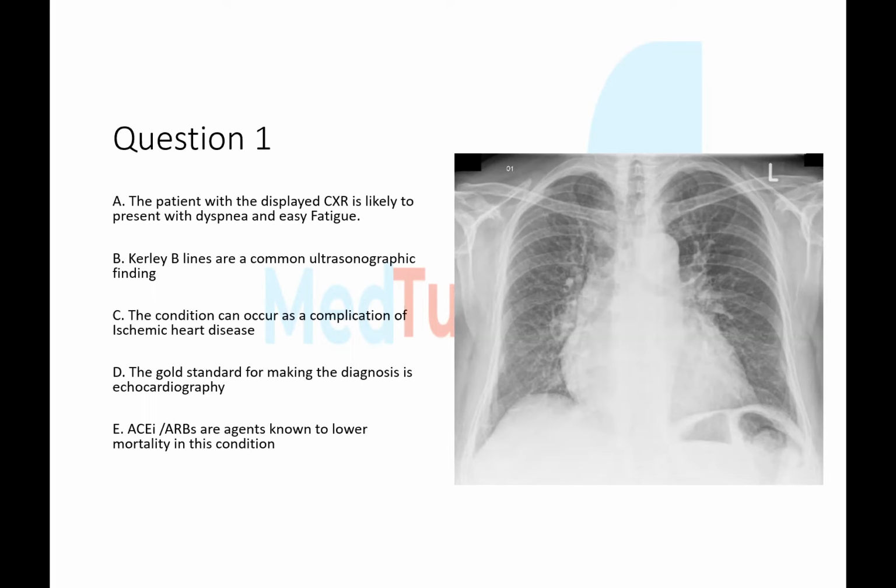Some of those drugs include ACE inhibitors and ARBs, that's A. B is beta blockers. There are some other drugs like Entresto, the sacubitril valsartan combination, which will also improve mortality. Newer agents like the SGLT2 inhibitors will also improve mortality in patients with heart failure.